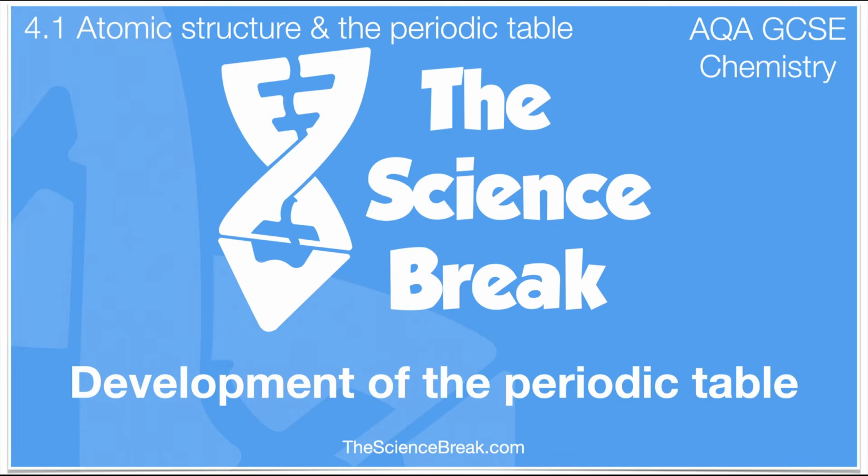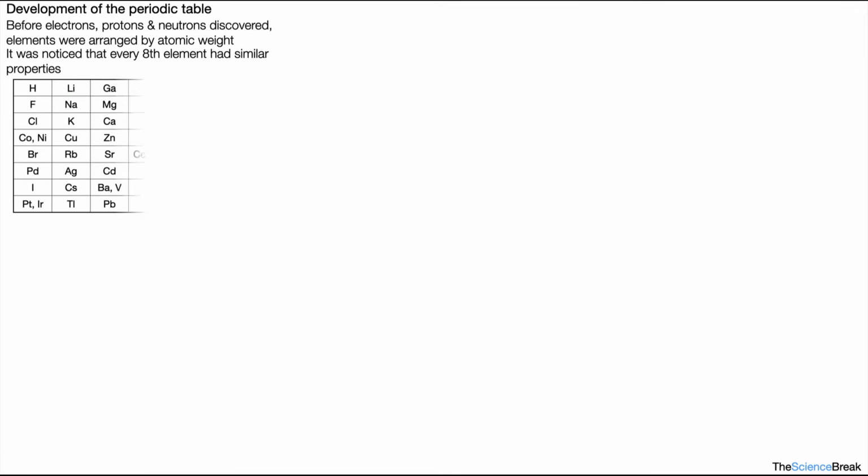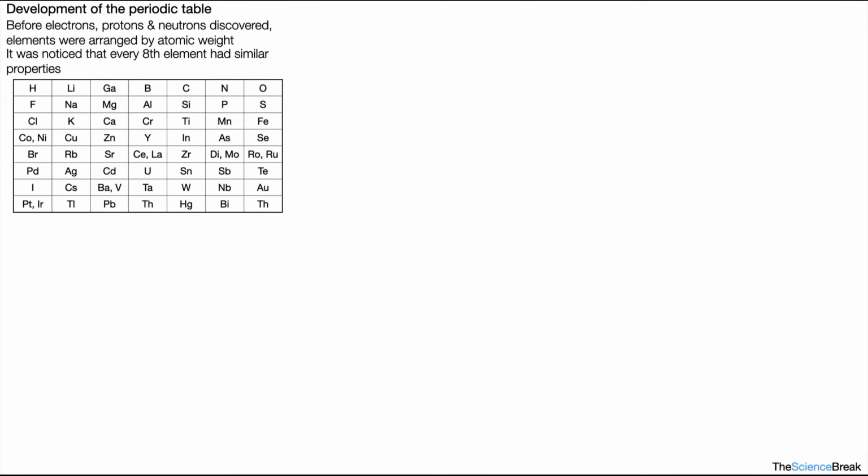Next, we're going to look at the development of the periodic table. Before electrons, protons and neutrons were discovered, elements were arranged by atomic weight. It was noticed that every 8th element had similar properties. So here is an early version of the periodic table.